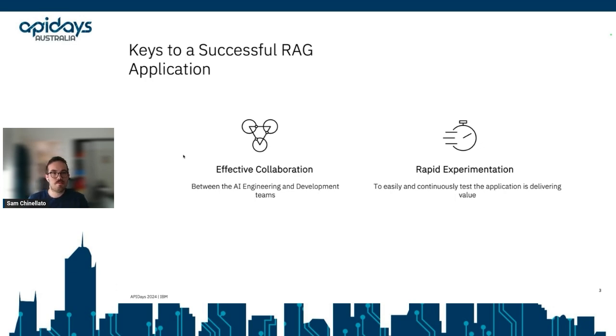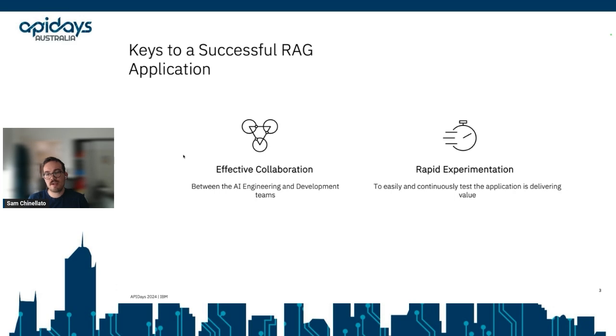Often, the RAG pipeline that is part of your AI application is a dependency for your developers. And if you have an AI engineering team that is serving multiple RAG pipelines across multiple teams and applications, you don't want them to become a bottleneck.